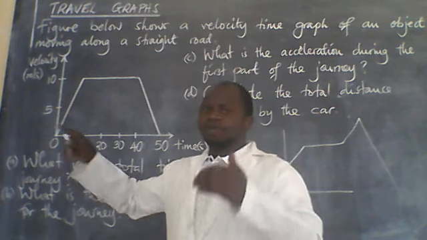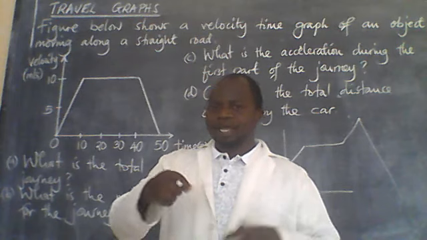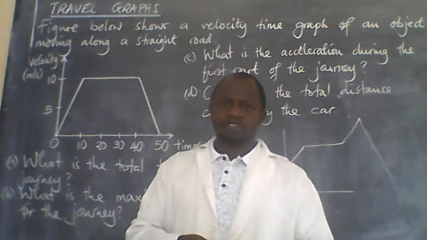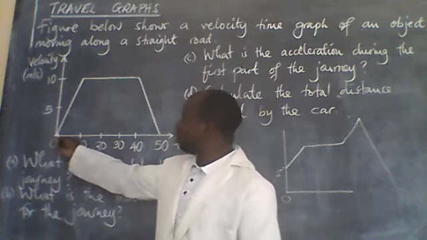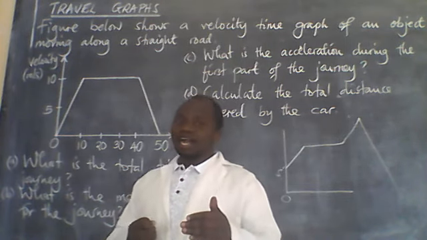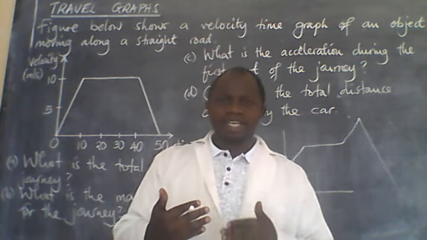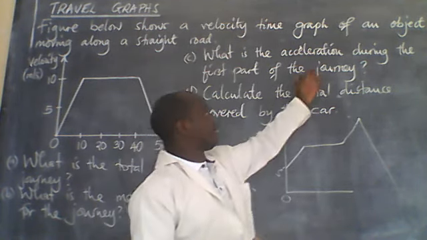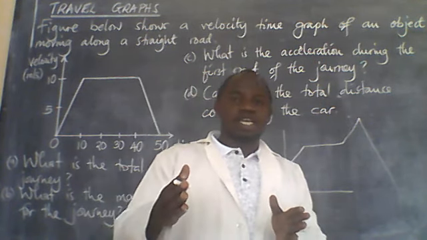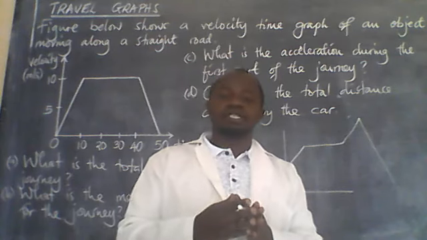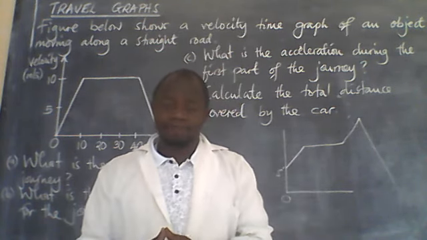When you start off by car or any mode of transport, it means the car has started moving, and we say the car is now accelerating because there is now change in terms of time and speed, which is also velocity.